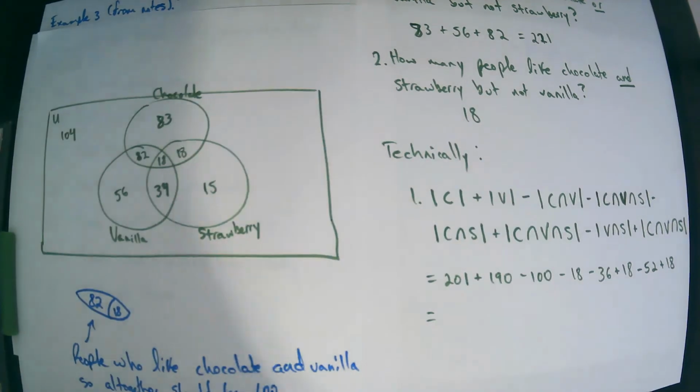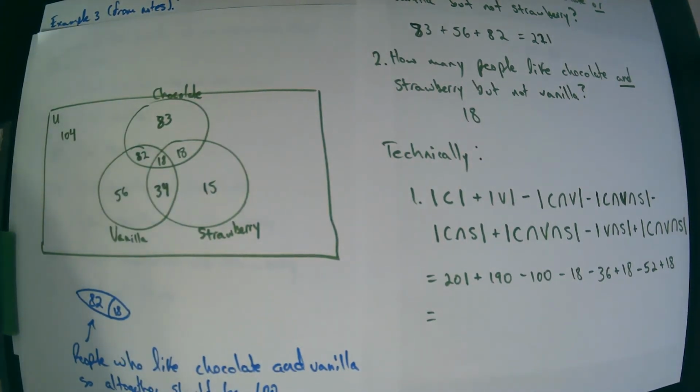And let's see how this all works out. So 201 plus 190 minus 100 minus 18.